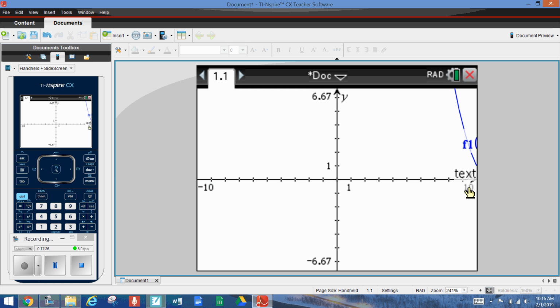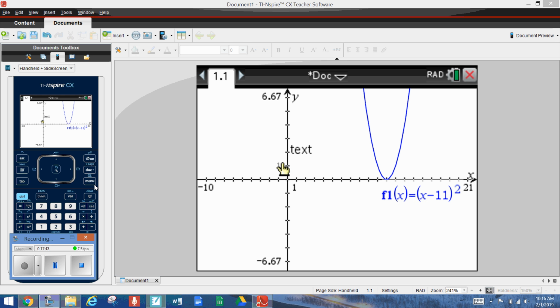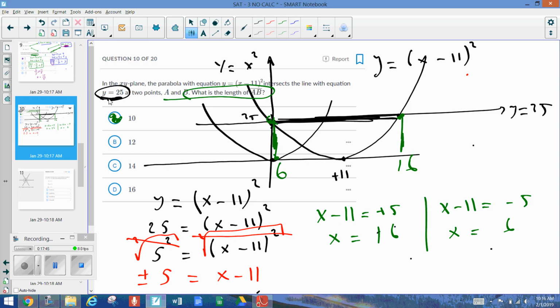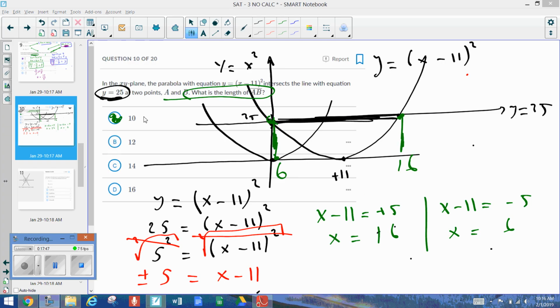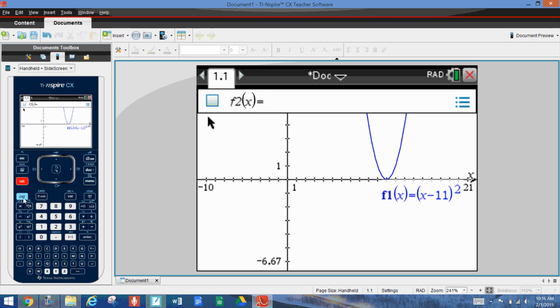Since I don't see the graph here, I'm going to change that number to 21. And also, what do we need? Another line, right? Look at the question. Y is equal to 25. We're supposed to add y equals 21 here. How? You guys are going to click that.